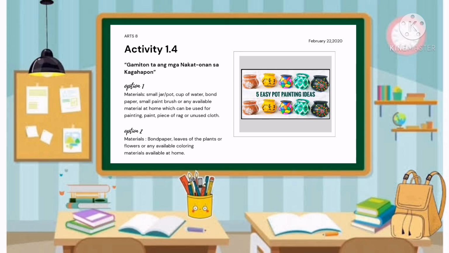Option 1, these are the materials needed: small jar or pot, cup of water, bond paper, small paintbrush, or any available material at home which can be used for painting, paint, piece of rag, or unused cloth. For option 2, these are the materials needed: bond paper, leaves of plants or flowers, or any available coloring materials at home. Please refer to the Arts 8 module for the procedure of this activity.